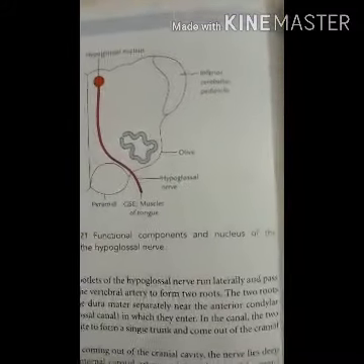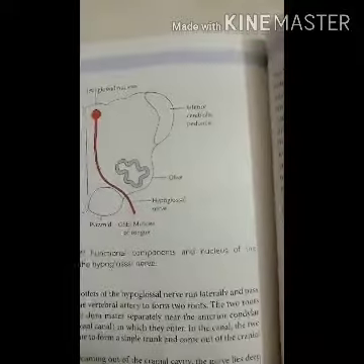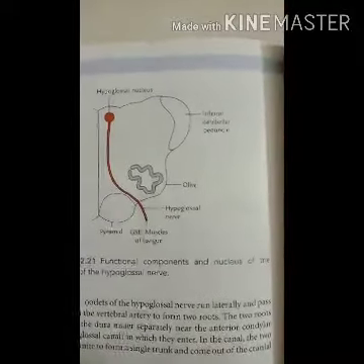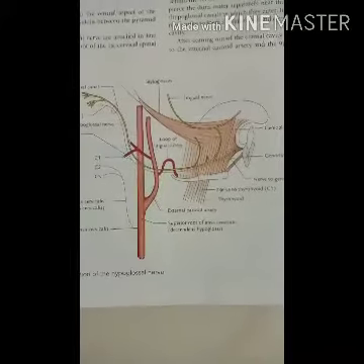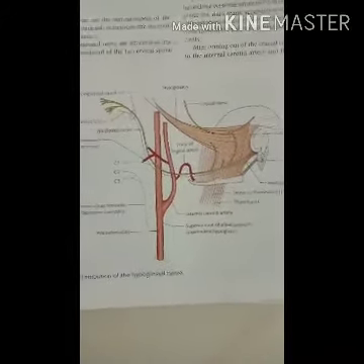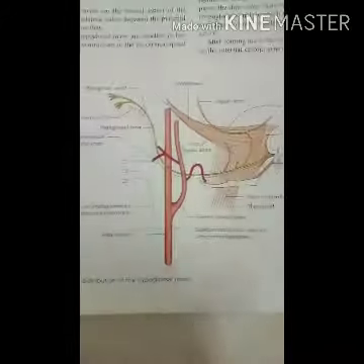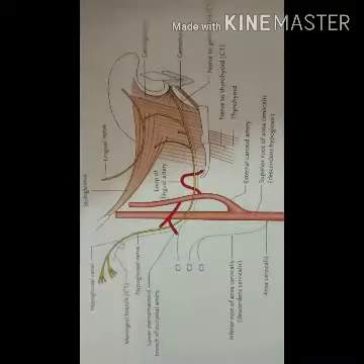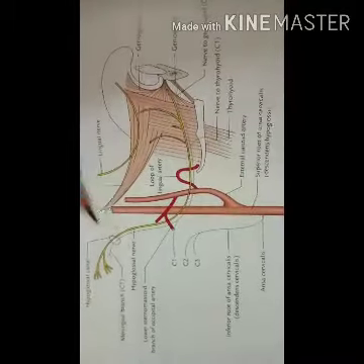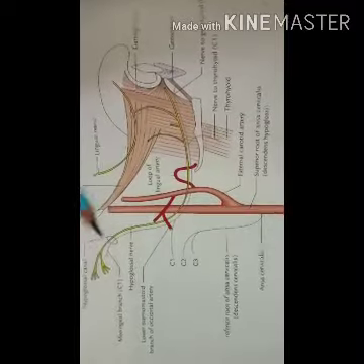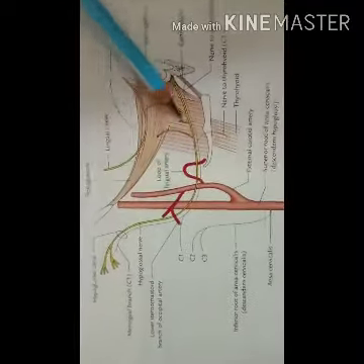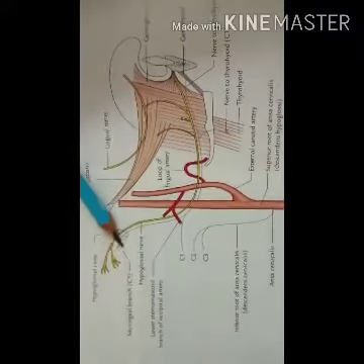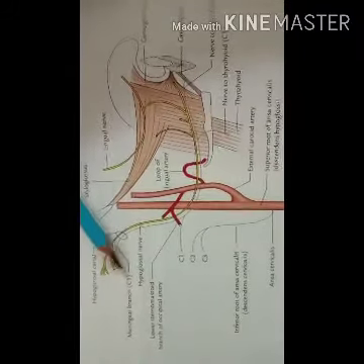Then the course and relations of the hypoglossal nerve. In this diagram you can see the hypoglossal nerve in yellow color, and the other root from C1.